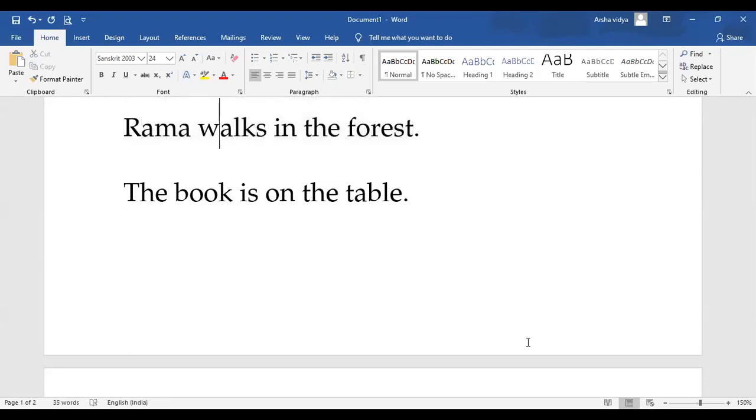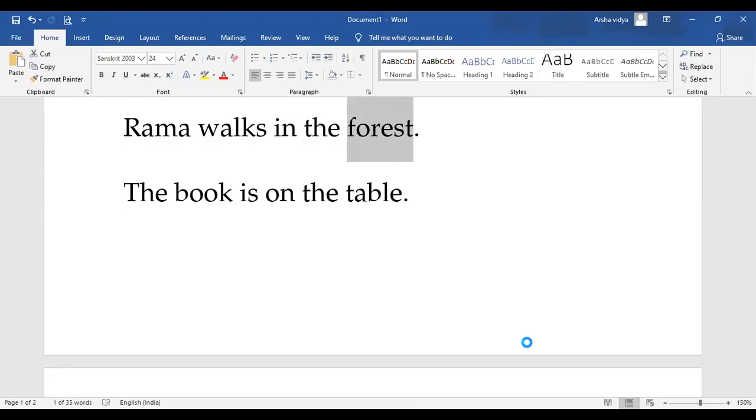Here, walks is the action, and the subject is Rama. And what is forest? A place. Is it a noun or what in English?